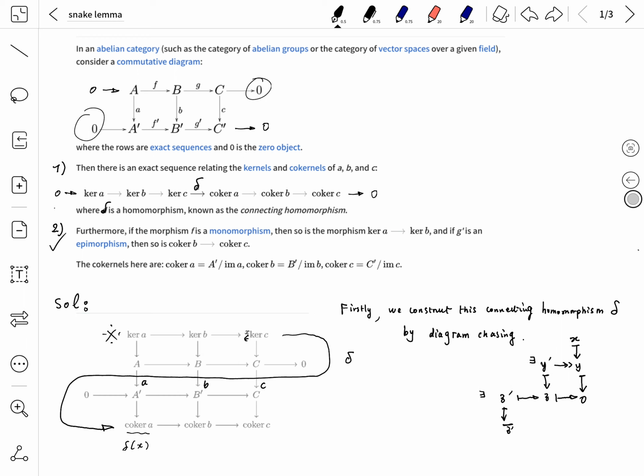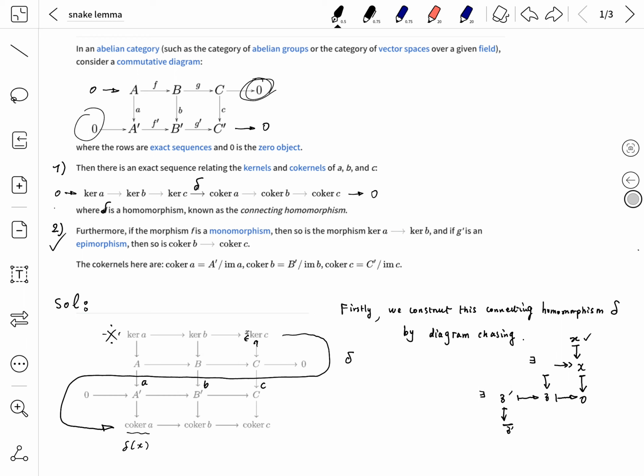You start with x, and then its image inside C, because this is the kernel, so there's the inclusion. Let's still call it x. It is inside C, and then we have this B to C surjective. That's why this is necessary. The basic setting must have this B to C surjective.